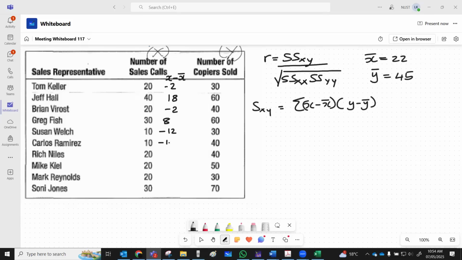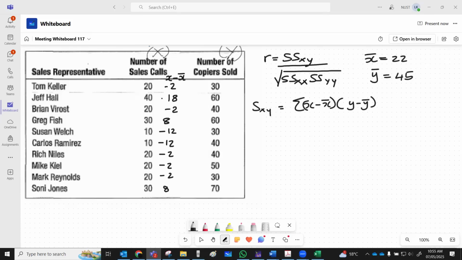Here we have minus 12. And here 20 minus 22 is minus 2, this is minus 2, this is minus 2, and this is 8.